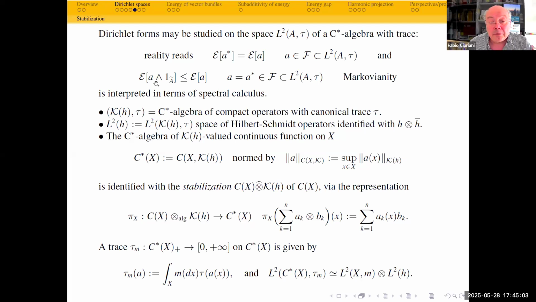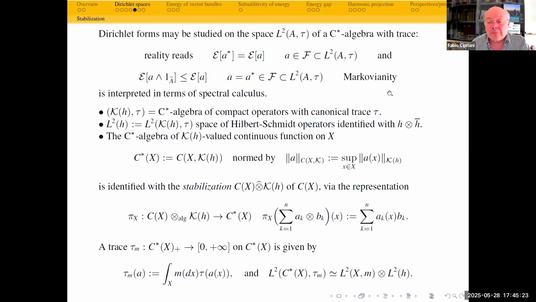Now this symbol can be interpreted either by the spectral calculus or in terms of the projection on a suitable closed and convex subspace of L2.